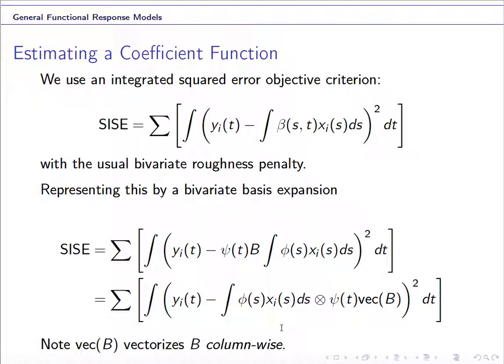For this one, we do the estimation similarly. We try to minimize the sum of the integral of squared residuals. The only difference is that now we have a bivariate coefficient beta(s,t).